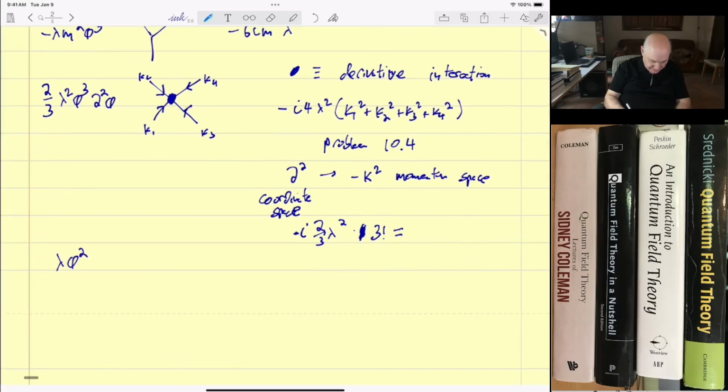Okay. The next term will be the same way. Lambda phi squared, partial squared on phi. Now we have three fields. Remember, this partial squared is acting twice, but it's only acting on one field. So now we have k1, k2, k3.